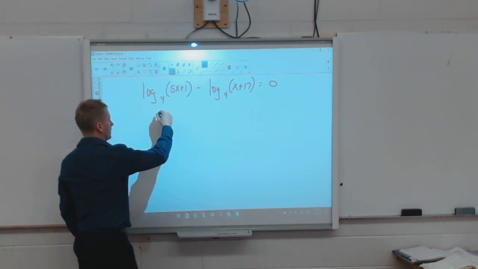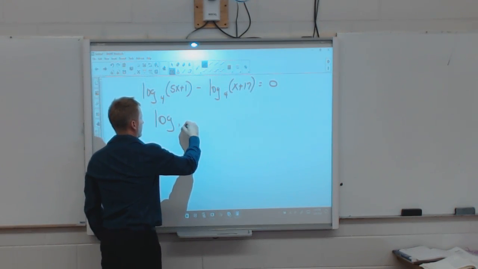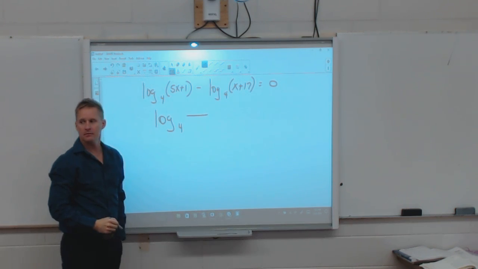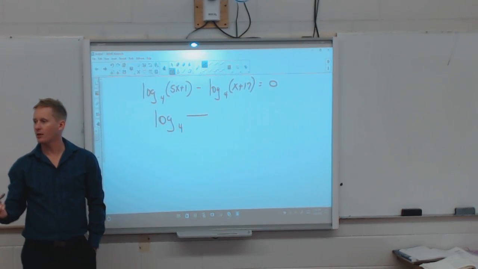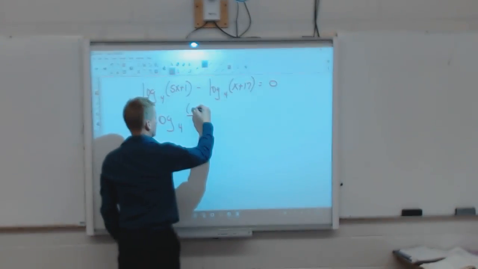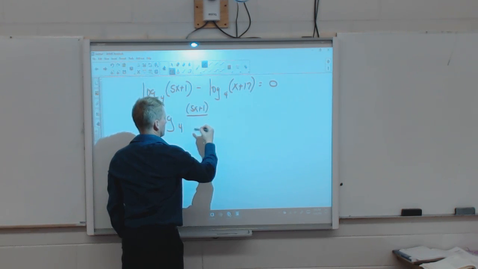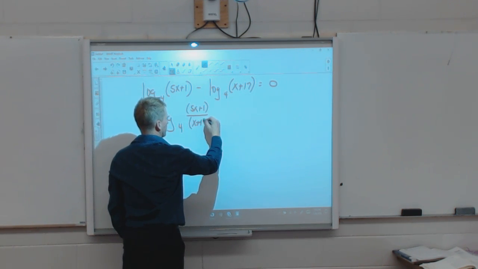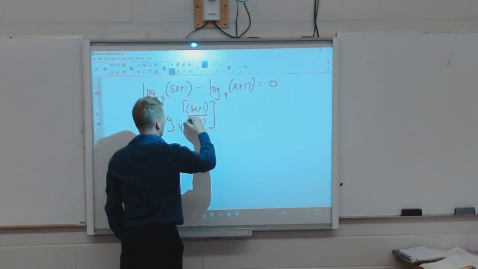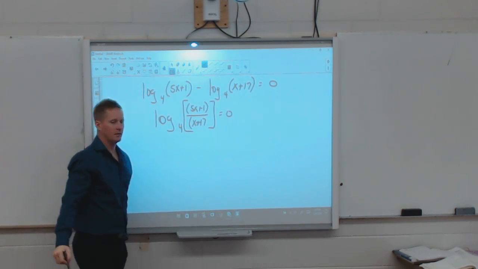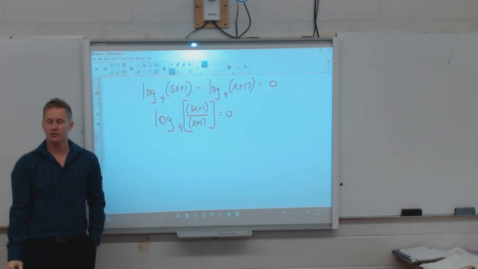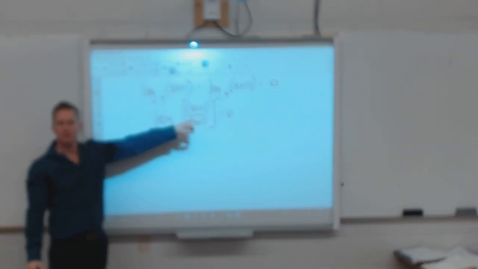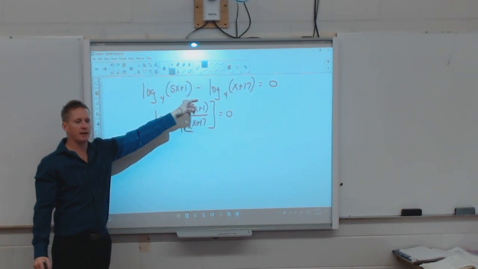Yes. So I go log base 4, draw my line. If it's a positive, it goes on top. If it's a subtract, it goes on the bottom. And that's equal to 0. That's just rule number 2 from your logarithms: if you subtract, you divide.